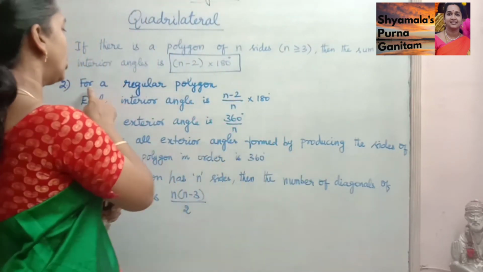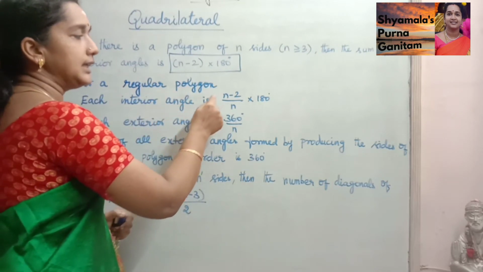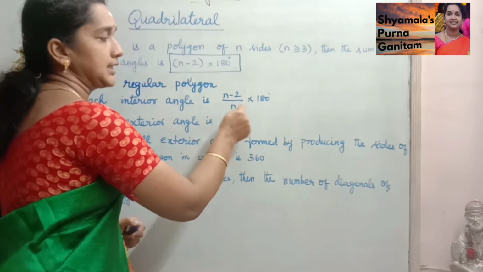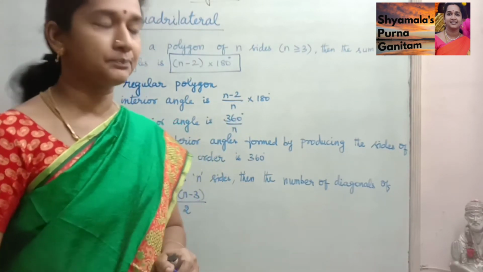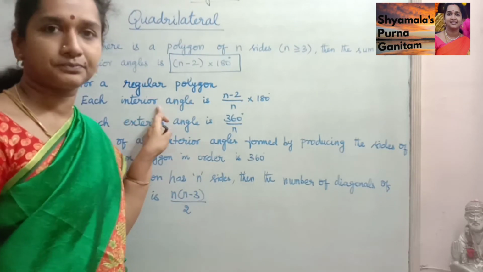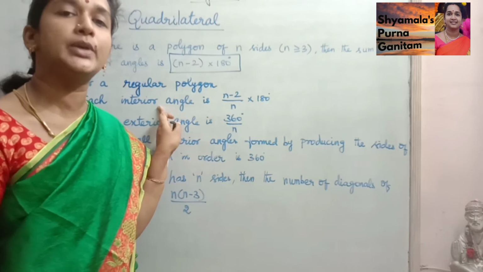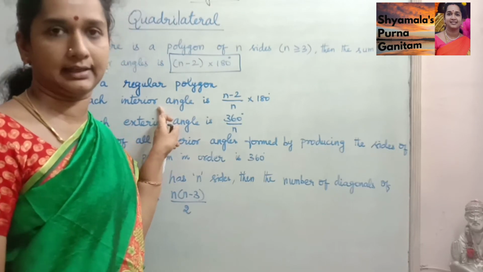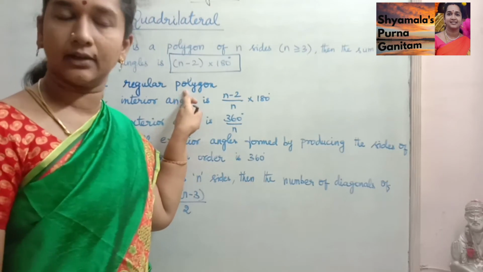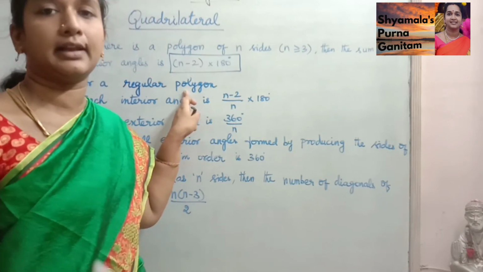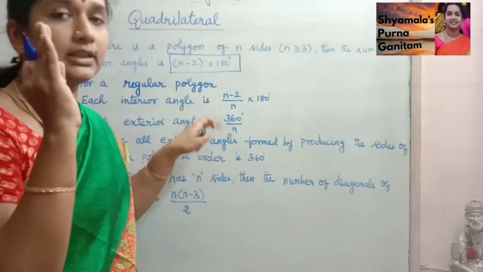So for a regular polygon, each interior angle is (n minus 2) by n into 180. If we take a triangle, we have to take only an equilateral triangle, because that is the regular polygon. All the sides are equal, and there are 3 sides.